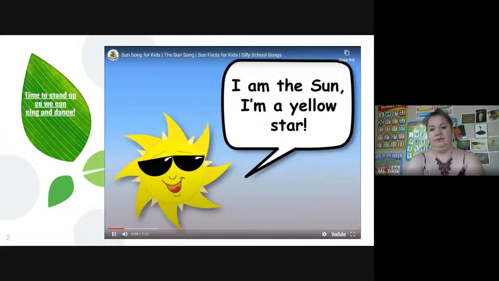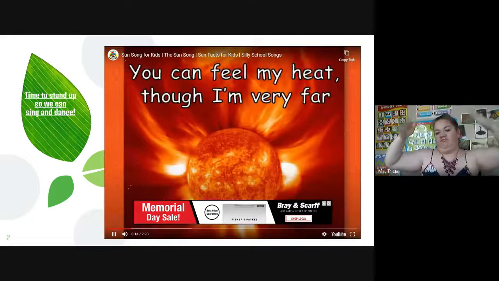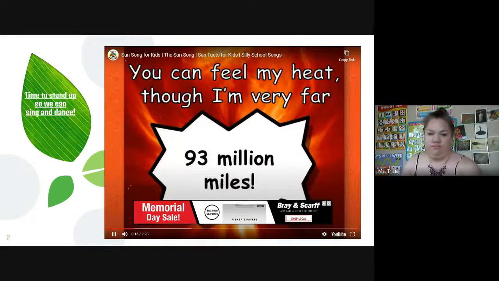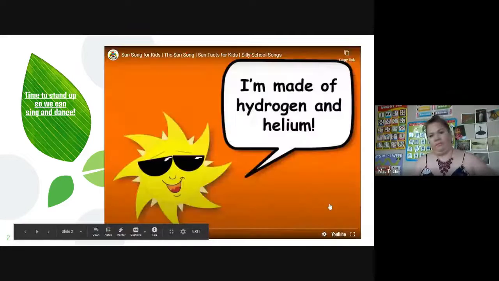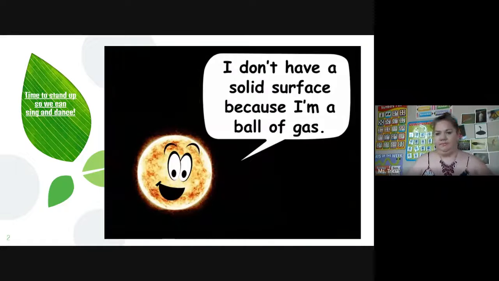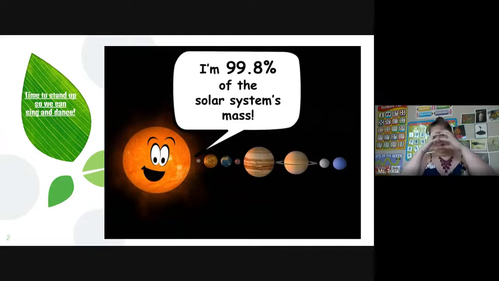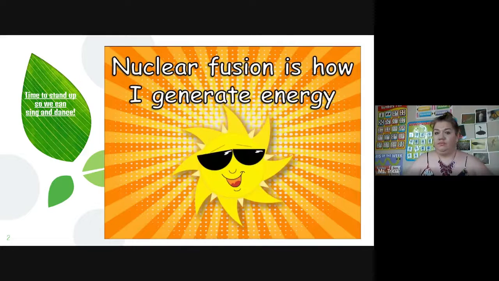I am the sun, I'm a yellow star. You feel my heat, going very far. 19 million miles. I am the center of the solar system. I'm made of hydrogen and helium. I don't have a solid surface because I'm a ball of gas. 99.8% of the solar system's mass. And nuclear fusion is how I generate energy.